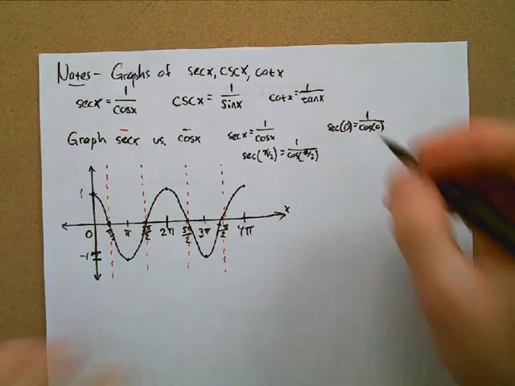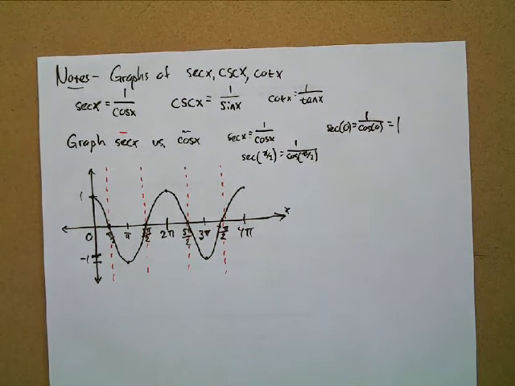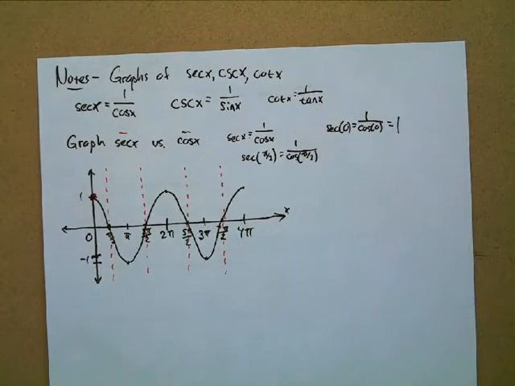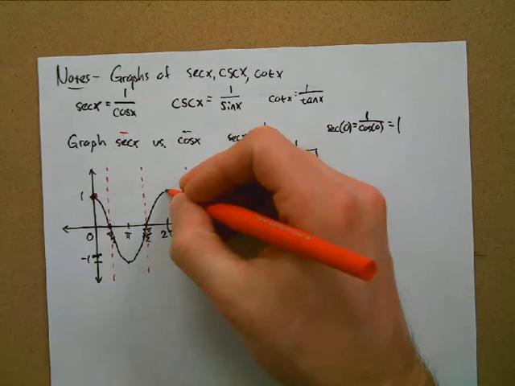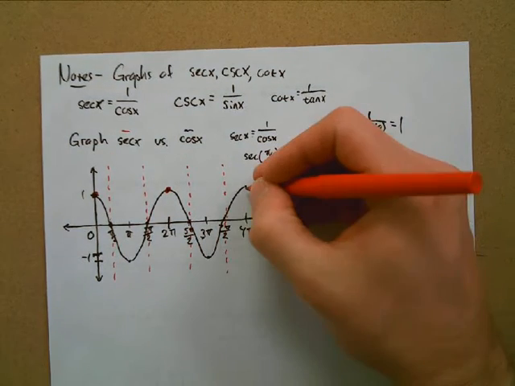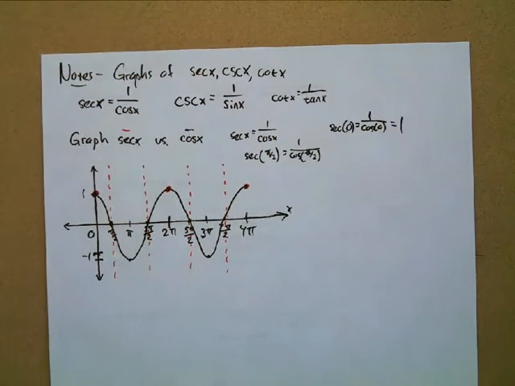So if at 0 cosine is 1, the reciprocal, secant at 0, will also be 1. So we have this point on our secant graph, which means at 2 pi we will also have that point, and at 4 pi we will also have that point. So those points all exist.